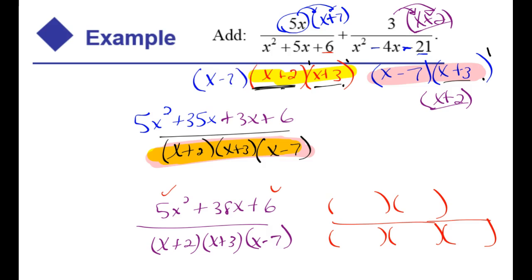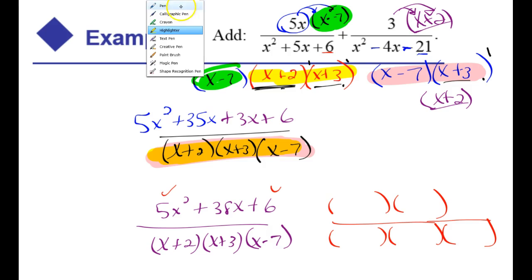And I just realized I made a mistake. I multiplied the bottom here by x minus 7, but here I made a mistake and I put an x plus 7. So I actually need to go back, I'm so sorry, and change this to a minus, that you've never made a mistake before.